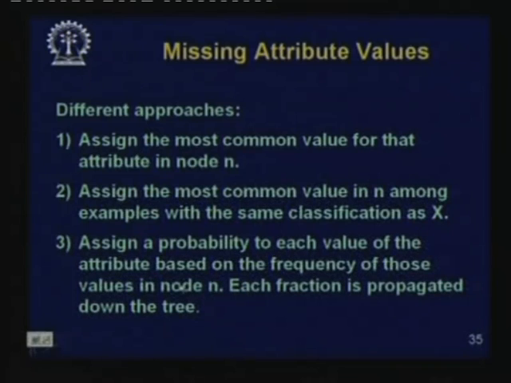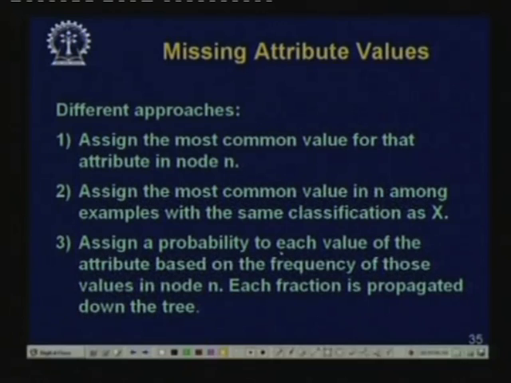A third possible strategy is we assign a probability to each value of the attribute. Suppose mass can take 3 different values, m1, m2 and m3. So, for each of these values of mass, we assign a probability, and this probability is based on the frequency of those values in node n.